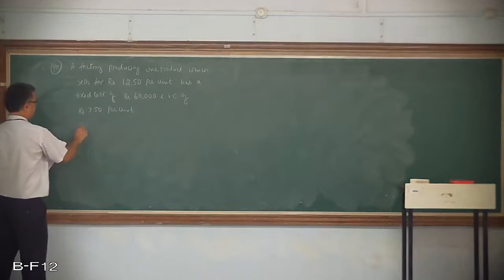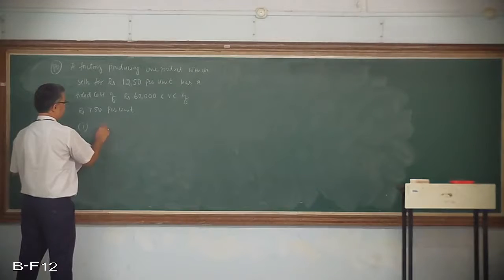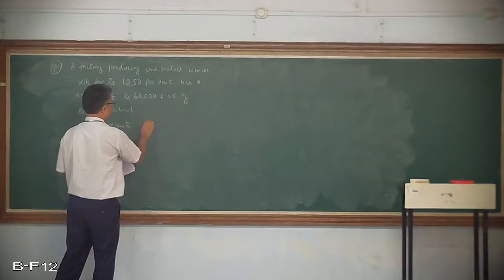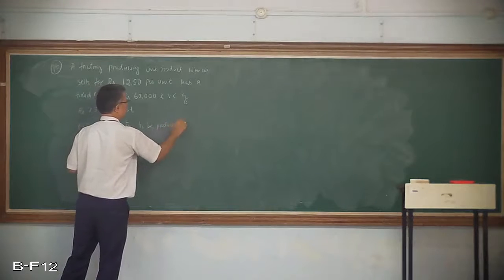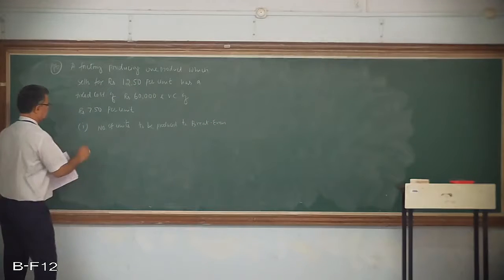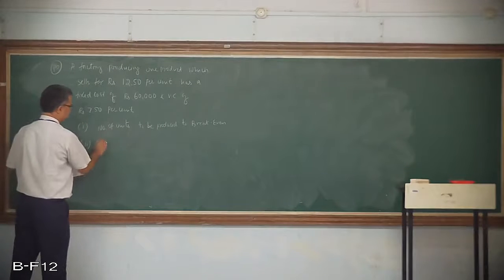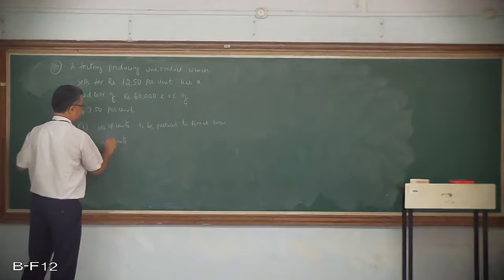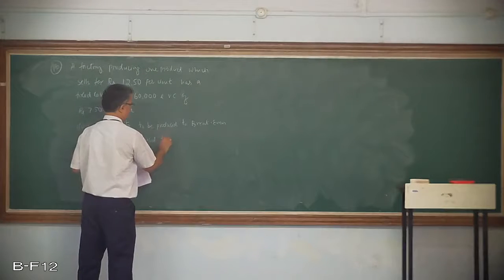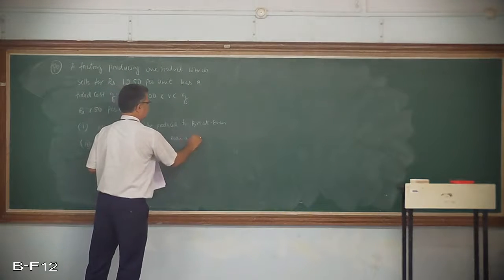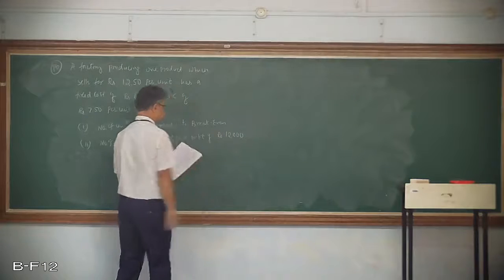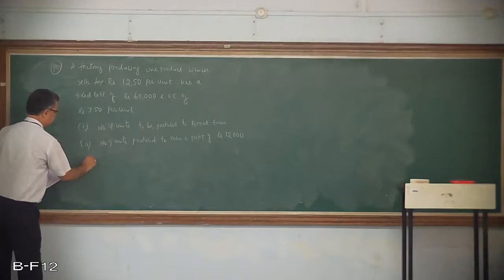Find the number of units to break even. Second, the number of units produced to earn a profit of rupees 12,000. And find the profit.